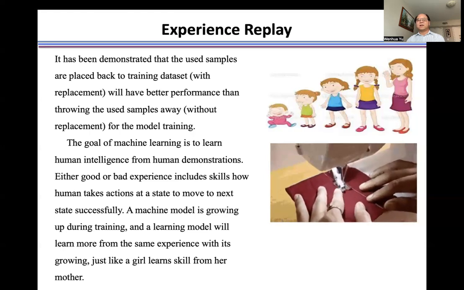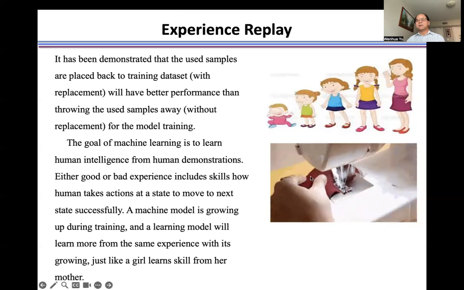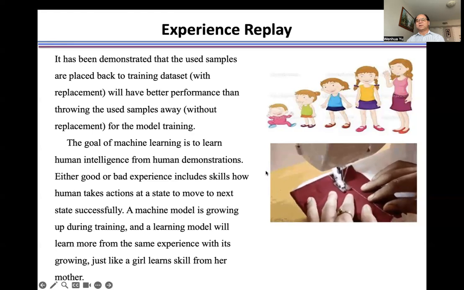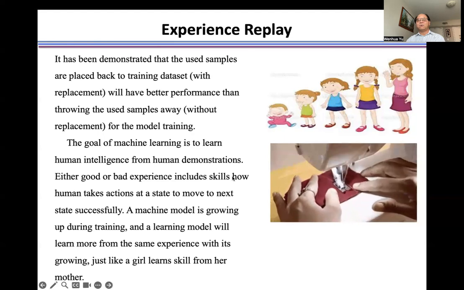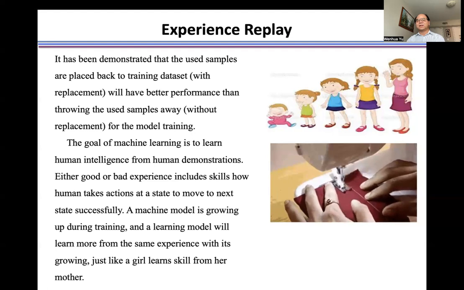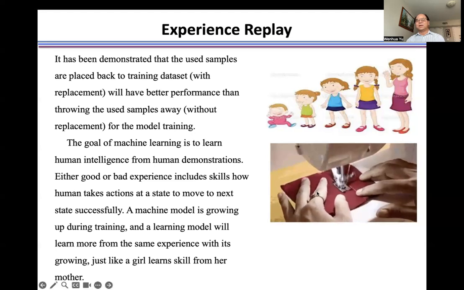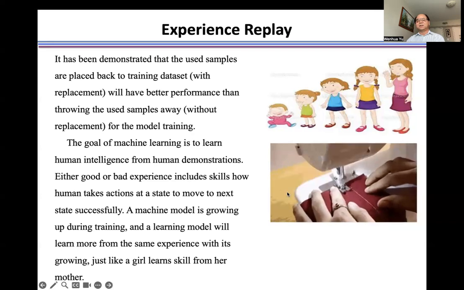The reinforcement learning method tries to model or learn the skills from his experience or demonstration. When we train the model for a time period, it has more ability to learn and understand human intelligence.